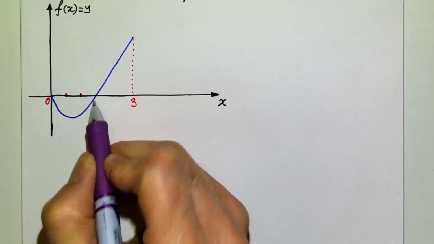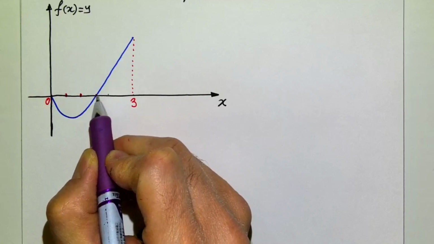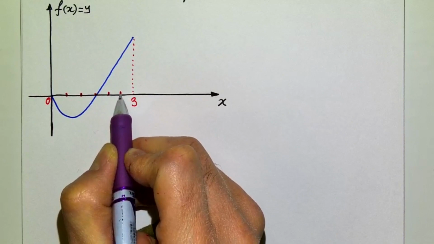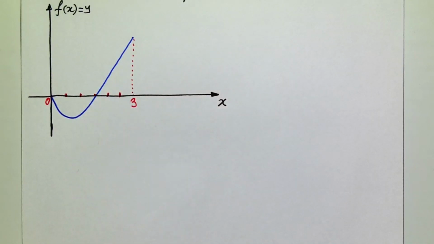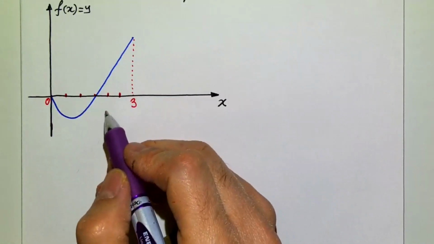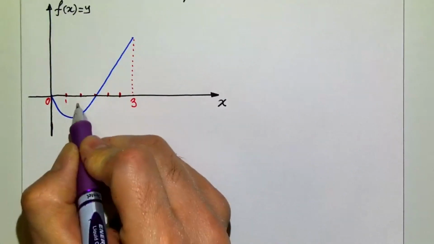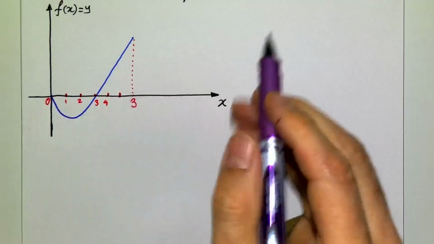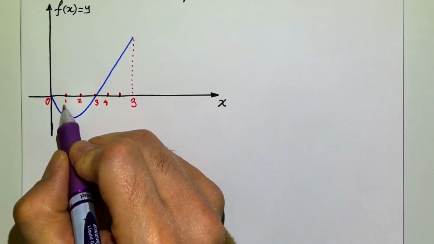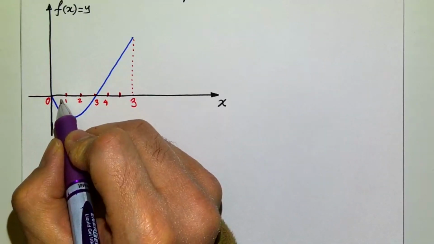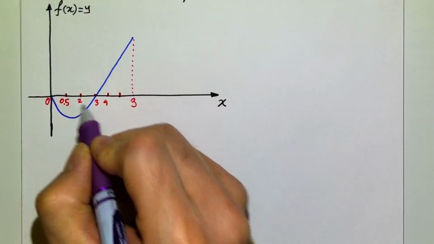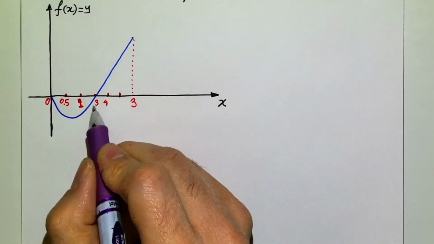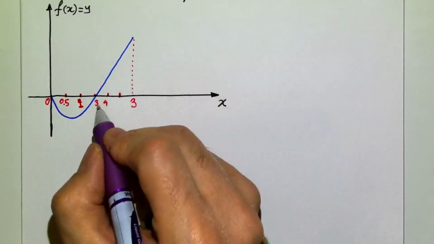I don't think they'll be that equal, but I'm trying to make them roughly equal. So this would be 0.5, and then this would be 1, 1.5, 2, 2.5.